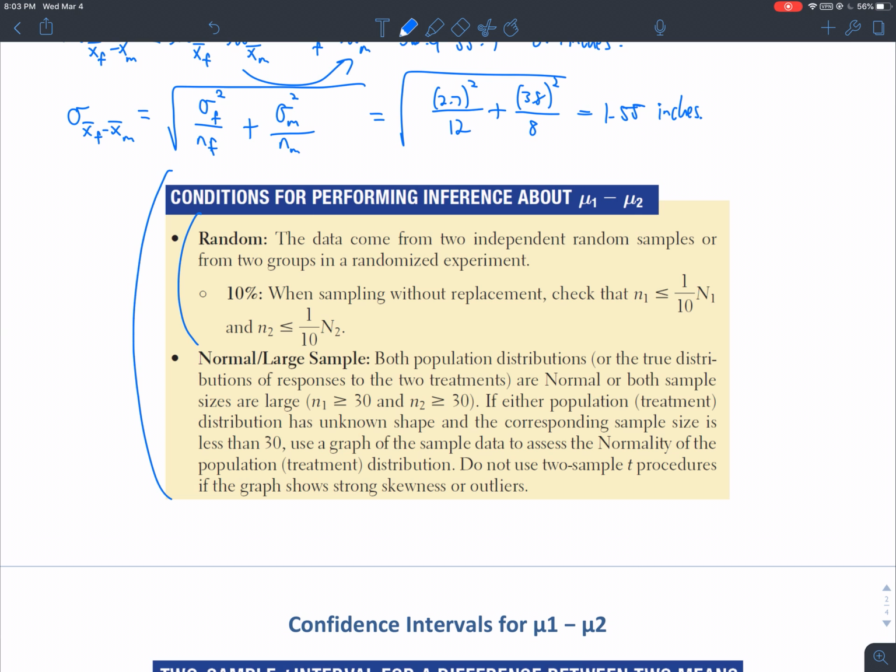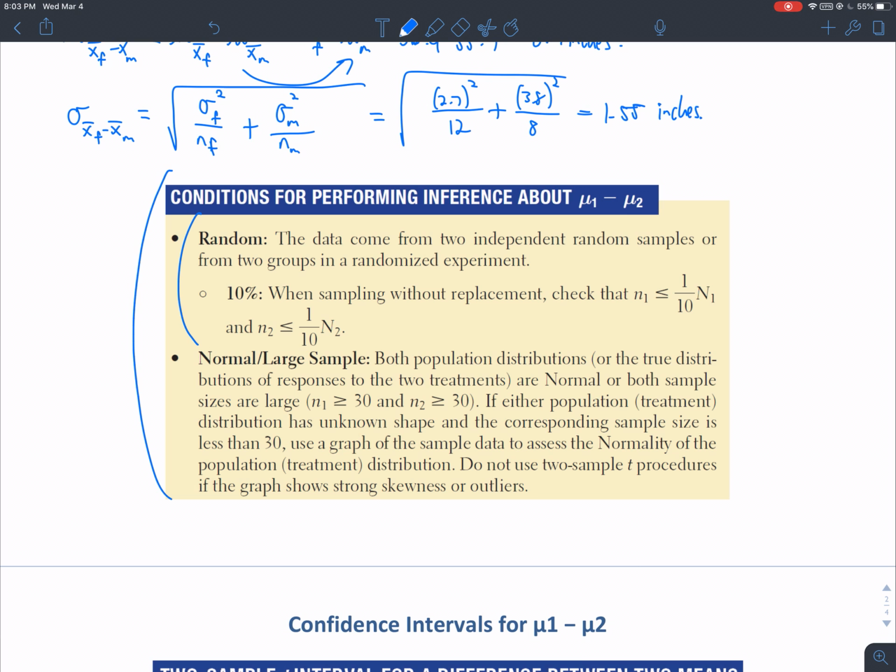The normal condition is the same as it was for a confidence interval or a hypothesis test for a single mean. You have to try and meet the CLT with a large sample size.